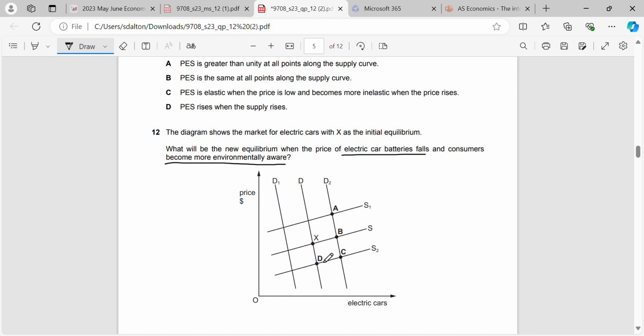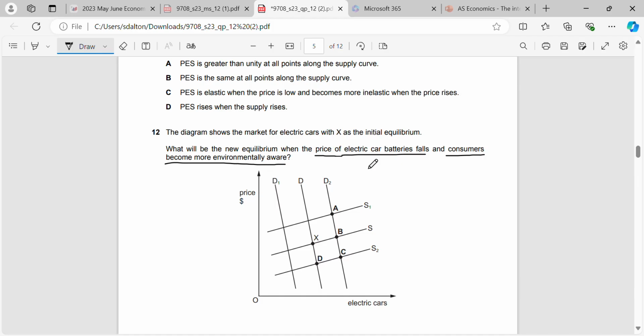Now, I disagree with this question, to be honest with you, because what we learn is that complements and substitutes will affect demand, right? But with Cambridge, there's going to be one shift in supply and one shift in demand, right? So identify which one is going to happen.